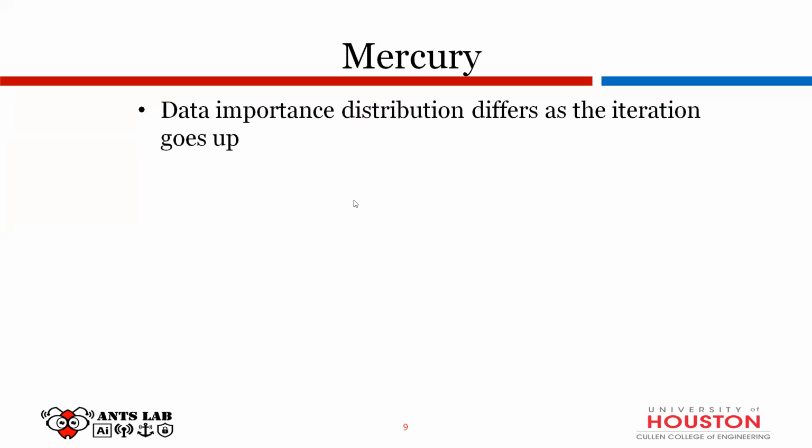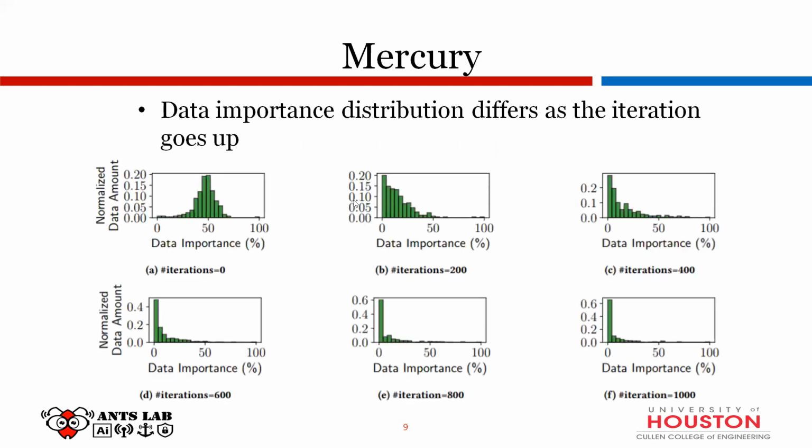Data importance distribution differs as the iteration goes up. As you can see in the upper left of this figure, when the iteration is 0, the data importance is distributed in this way.